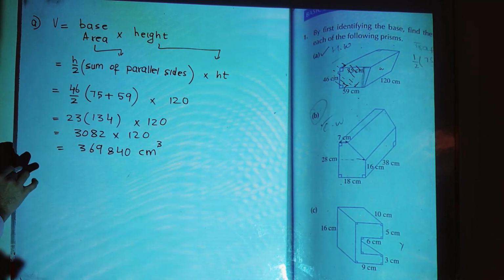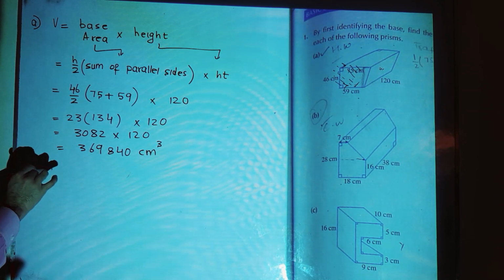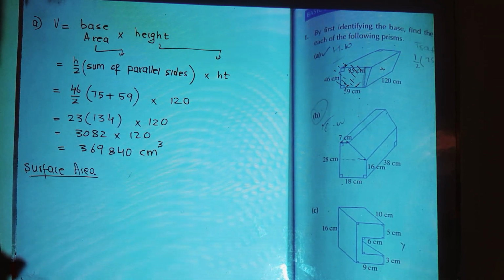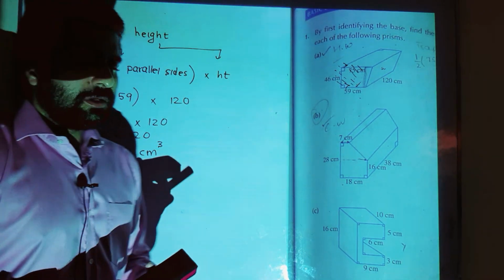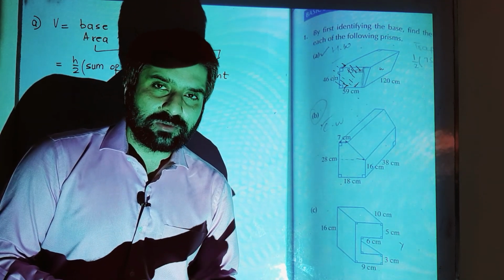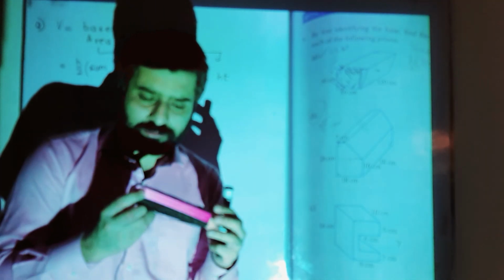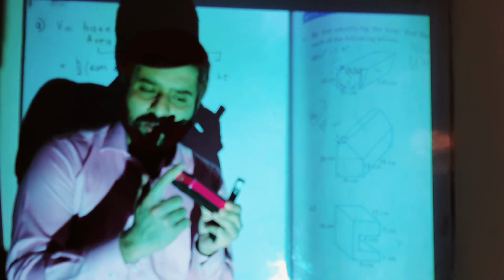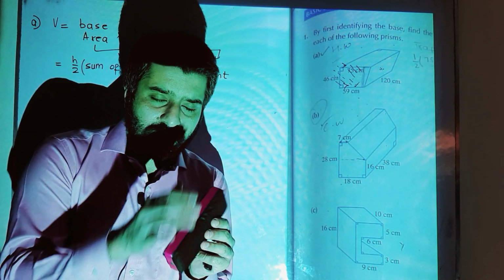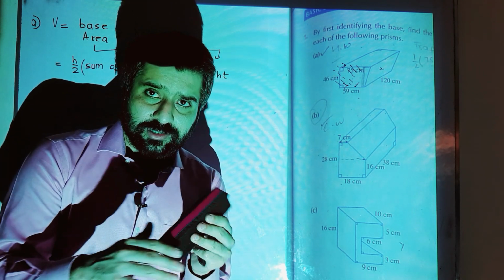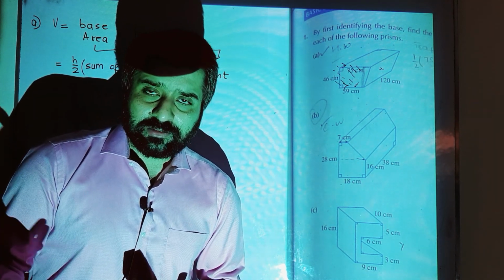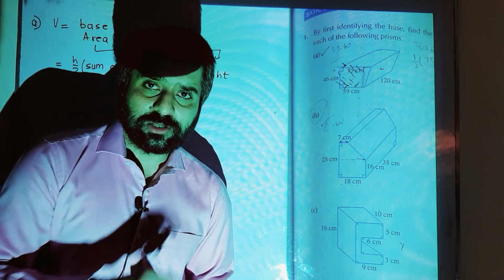Now I am going to find the surface area for this one. The concept of surface area is that you have to include the area of all the faces, the lateral faces as well as the bases. If this is your prism, then this base area plus this base area plus the area of all the lateral faces will give you the total surface area. Now let me write the formula.